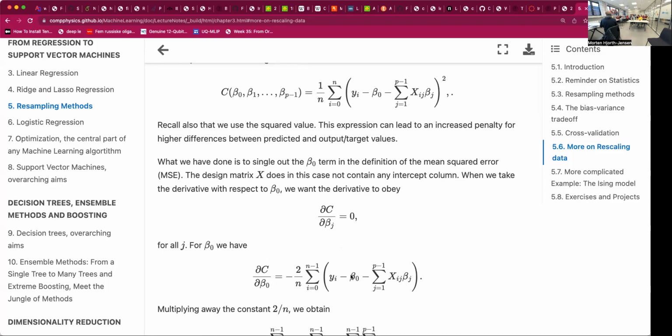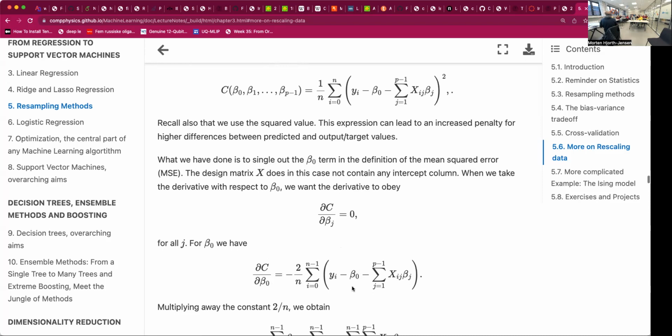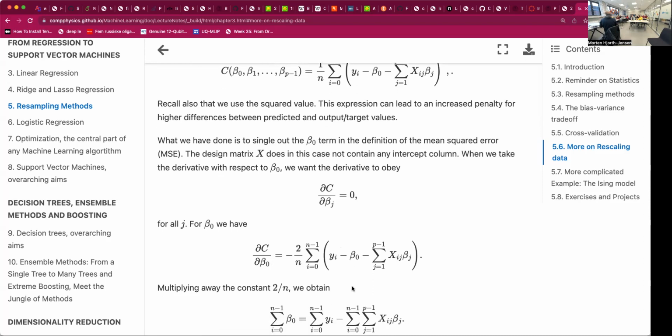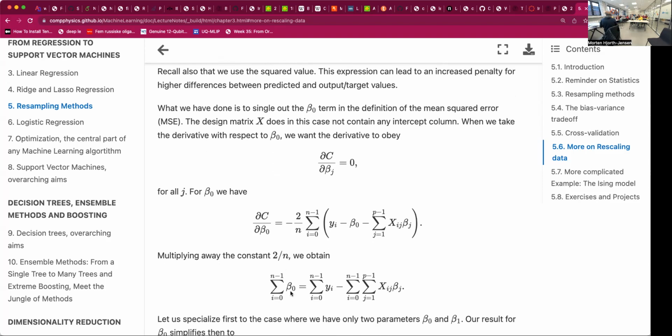So we would have the intercept parameter. And then if we multiply away the constants 2 over n, we just have these sums, and beta 0 is just a constant. So that means that we get n times beta 0. And this quantity, if we divide that by n, is just the mean value of y.